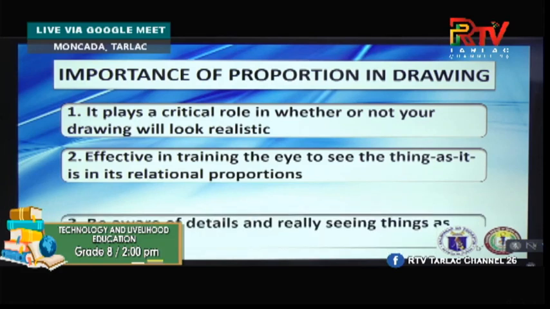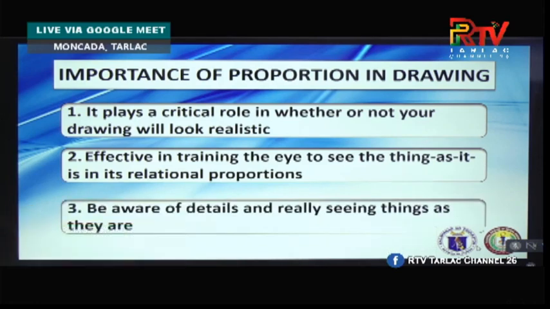And number three, be aware of details and really seeing things as they are. As an artist, you notice all the details and how they relate to the object as a whole and what that object relates to other object. Now, do you have any idea how to draw a human body?